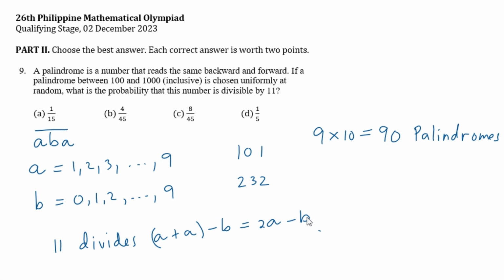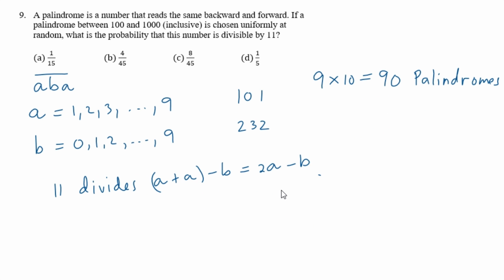Now, let's determine the lowest and the highest possible value for 2A minus B so that we can just limit our checking of the values of A and B.